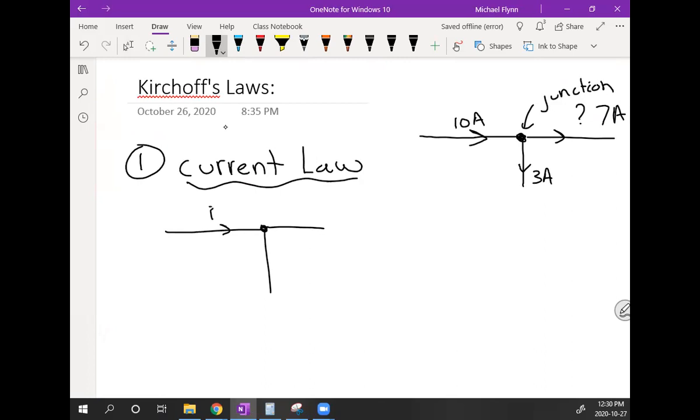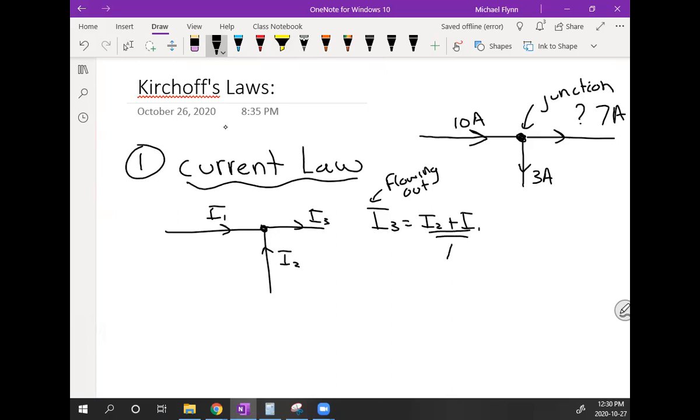Here, we'll say I1, I2, and I3. And what we're saying is that I3 equals I2 plus I1. Okay, what we're saying is that the current flowing in, so this is what's flowing out.